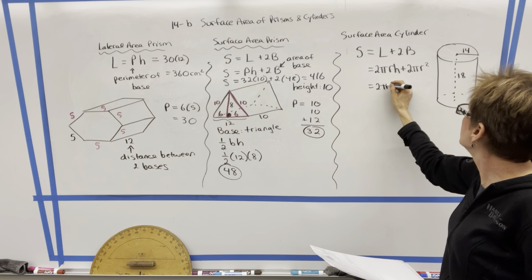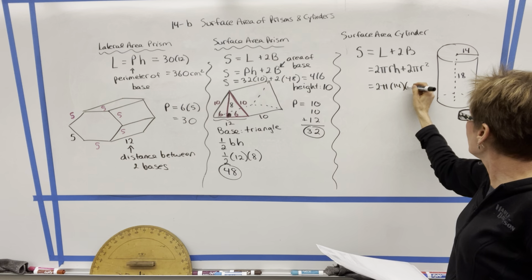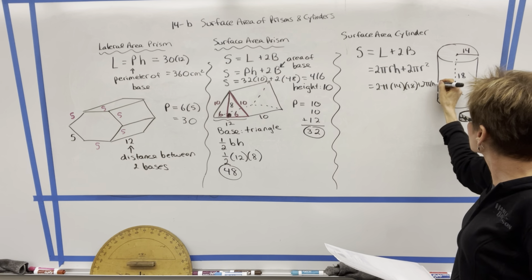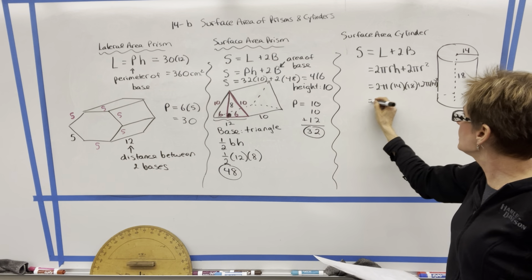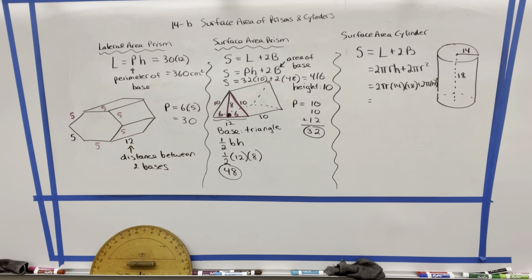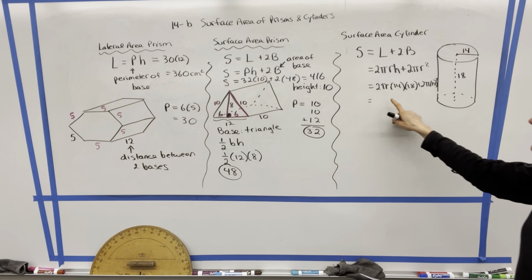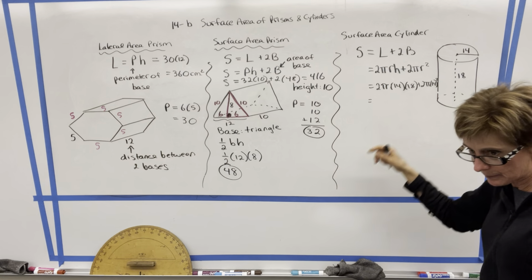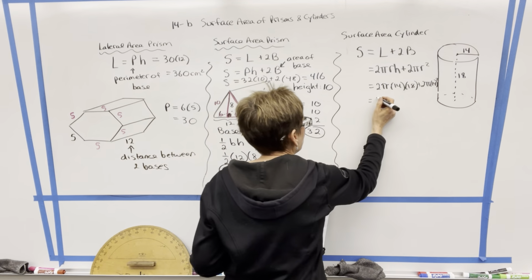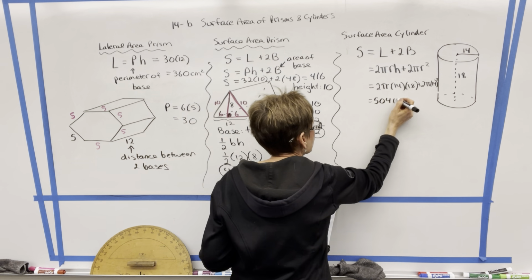We literally just plug in 14 for r and 18 for h. The only kind of trick to make sure of here is that you do need to do PEMDAS. Let me make a little bit better pi there. You do need to do PEMDAS. So on the second piece, let's do this one first. I'm going to take 2 times 14 times 18, and that's going to give me 504 pi for the first piece.